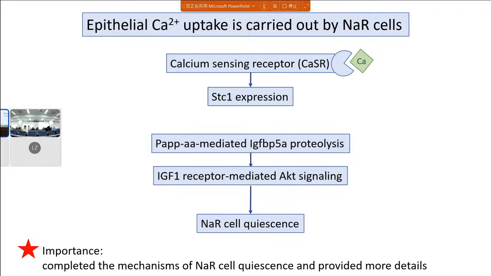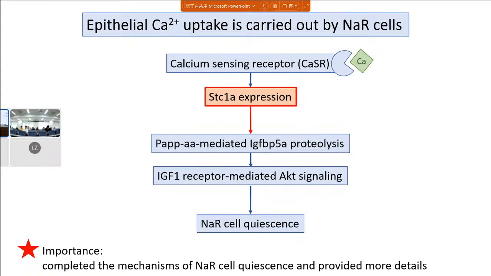But throughout this study, we now understand that the STC1 expression is associated with the PAPPA mediated IGF binding protein 5A proteolysis. And this is not only about the STC1 expression. It is merely about one of the genes inside the STC1A expression.